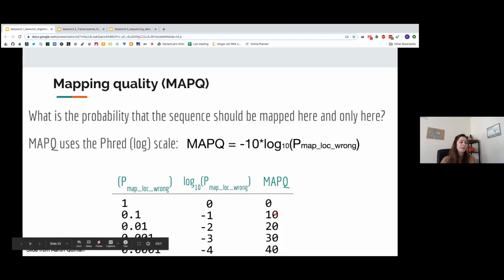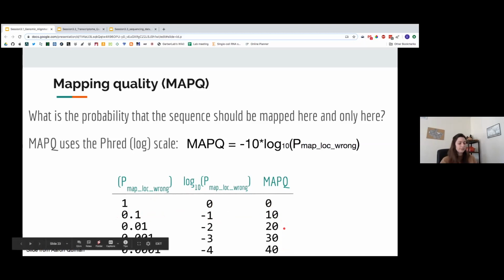So with a mapping quality of 10, it still means that you could have gotten it wrong. You have a 10% chance of having gotten that alignment wrong. So this is what we use to interpret the alignment in the end of the software.